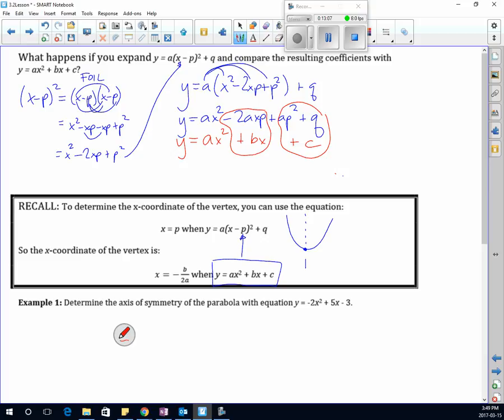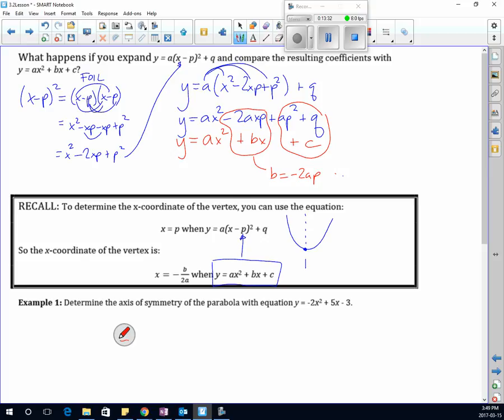If I actually solve for b right here, that b would be basically minus 2ap. Look at that equation, compare the x's, and maybe I need to put the p in front of the x so you can see it a little bit better.